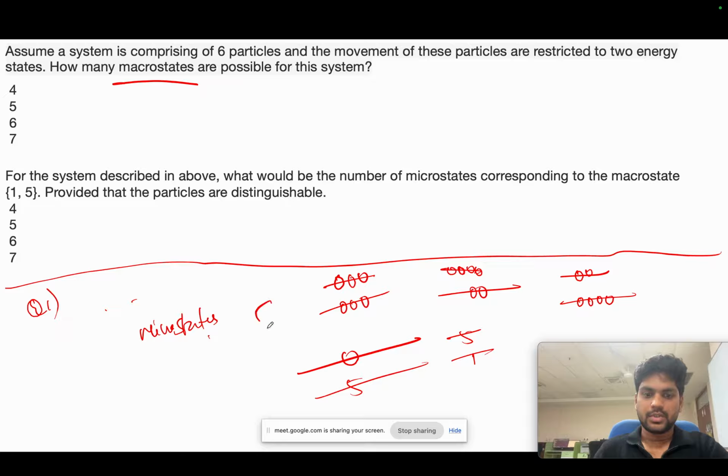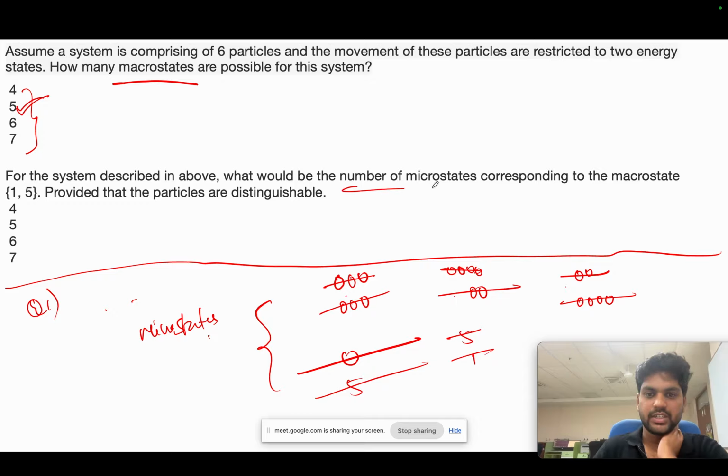Vishwajit, is there any other option you got? What is the answer you got? So 5, yeah. So 1, 2, 3, 4, 5. So you got the same way, right? Yes, sir.